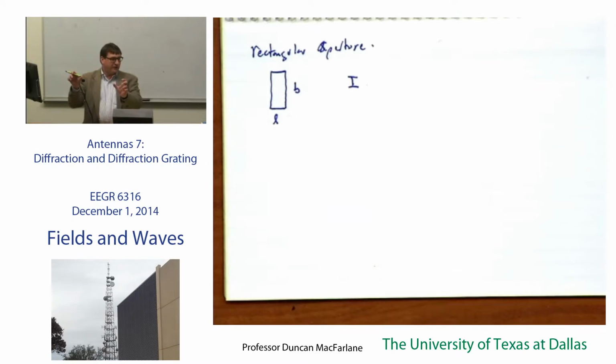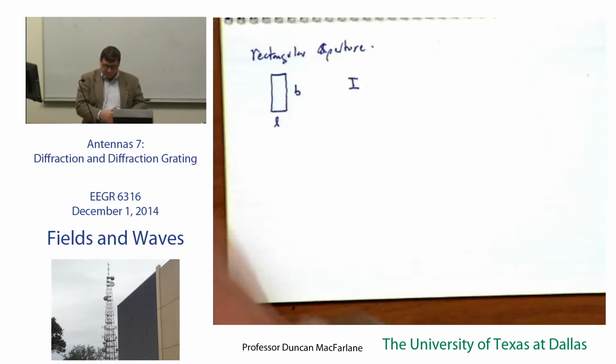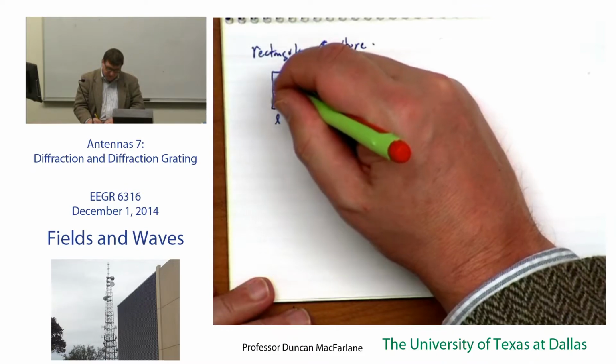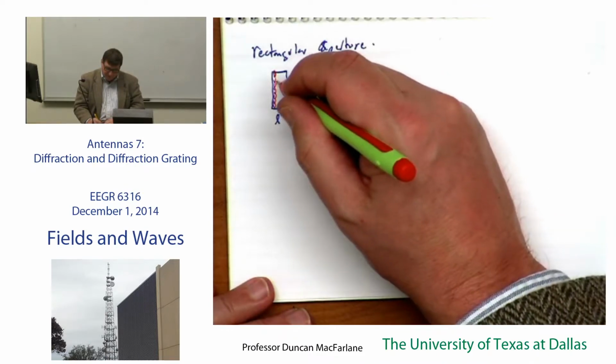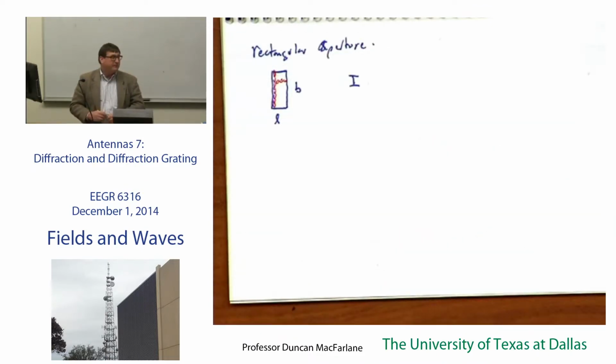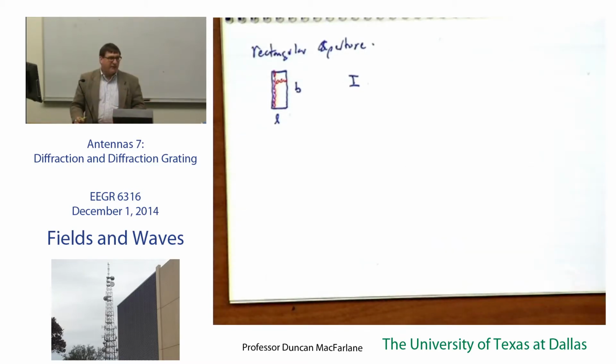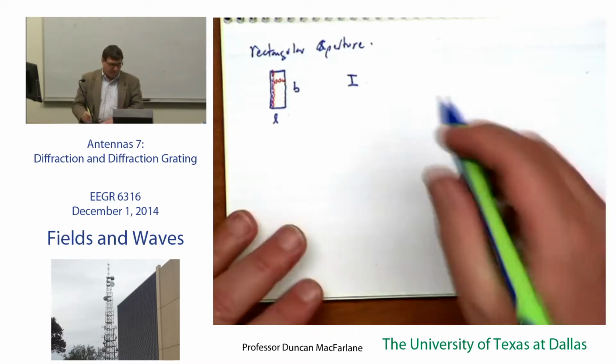So all those integrations, all the spherical wavefronts that add up in this direction are perpendicular from the ones that add up in that direction. So it's exactly the same analysis, just with twice as many integrals, but the integrals are exactly the same.